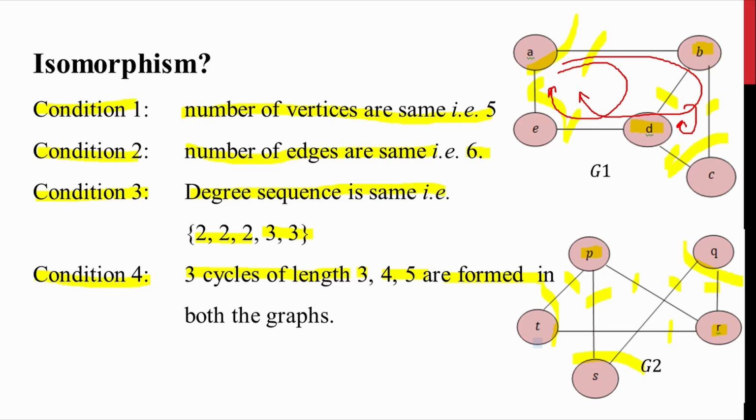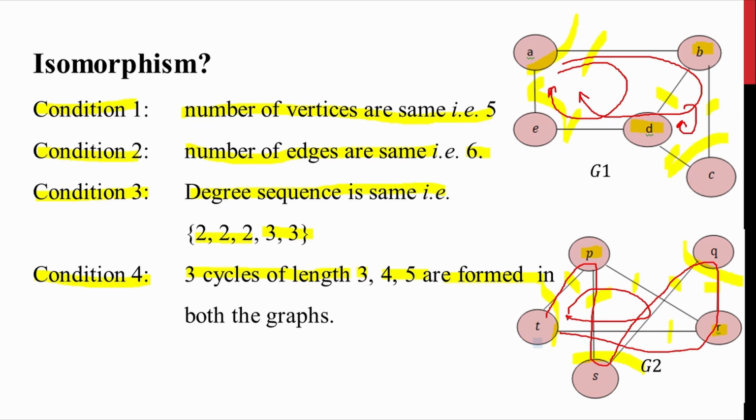In G2 the first cycle is T, P, S, Q, R and again T. So here 1, 2, 3, 4 and 5.